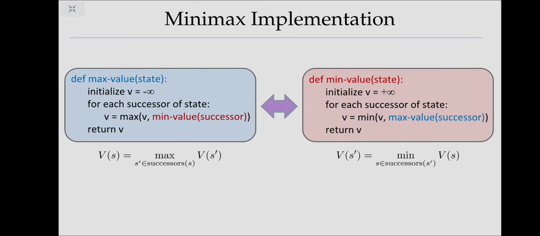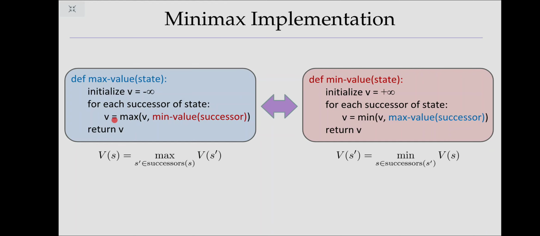This is the code of the process we discussed previously. As you see in the blue box, we initialize v equal to minus infinity. We have a loop over the successors of the state, because this node is a max player.